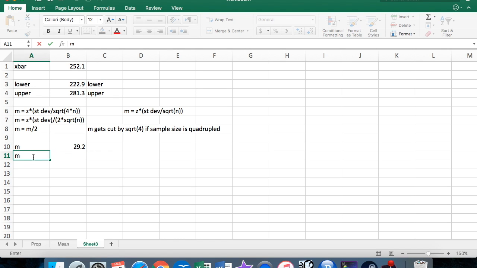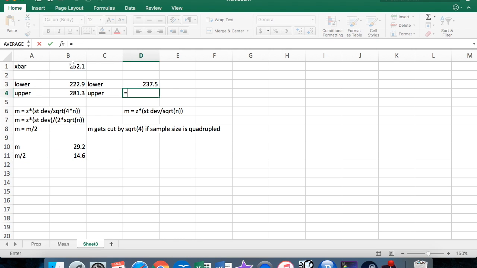Well, now my m gets divided by 2. So m divided by 2, take your old m that we found. I shouldn't have gotten rid of him before. Divide by 2. Now this is what I'm going to do for my lower and upper. Remember, the way we did this before, take your x bar, for your lower bound, subtract your m. In this case, it's our new m, so m divided by 2.